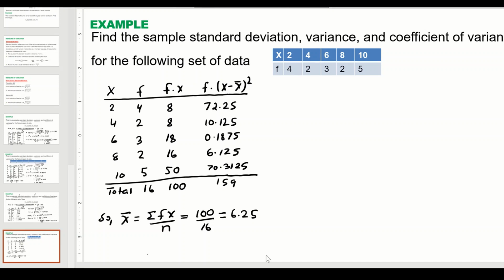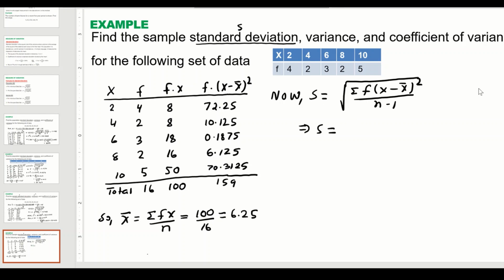Okay, everything is ready in our table. Now we have to use the formula for the standard deviation. Let me write that formula. Okay, that is the formula. Once we have the formula, let's substitute the values: square root of the sum of f times (x minus x bar) squared, the sum of which is 159, divided by n minus 1.